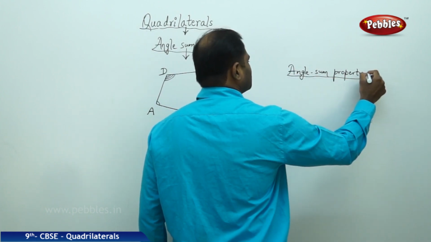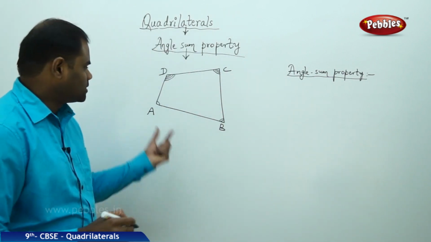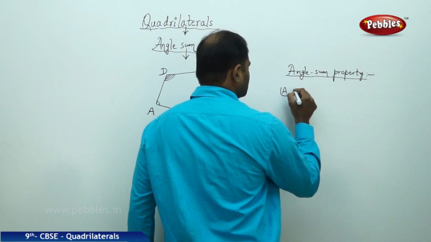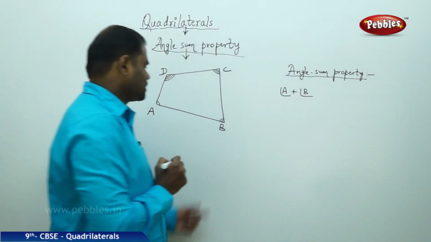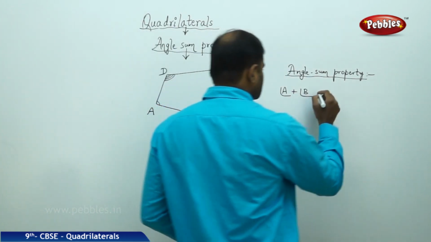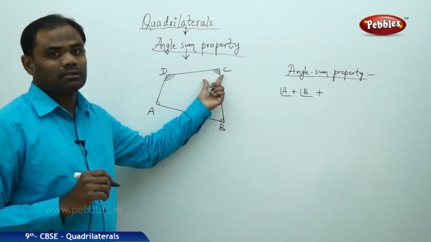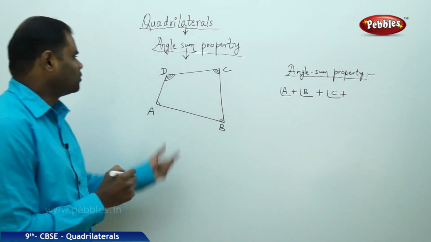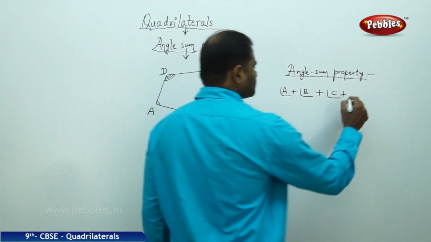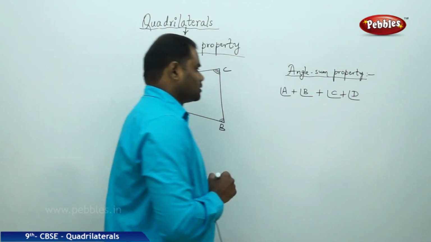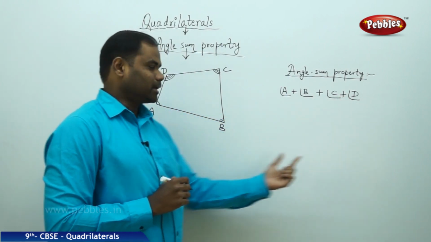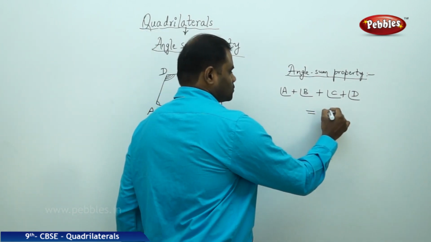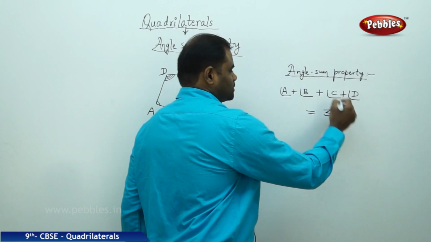Angle sum property says my angle A plus my second angle B plus my third angle C plus my fourth angle D, which is the sum of all the four angles of a quadrilateral, is equal to 360 degrees.